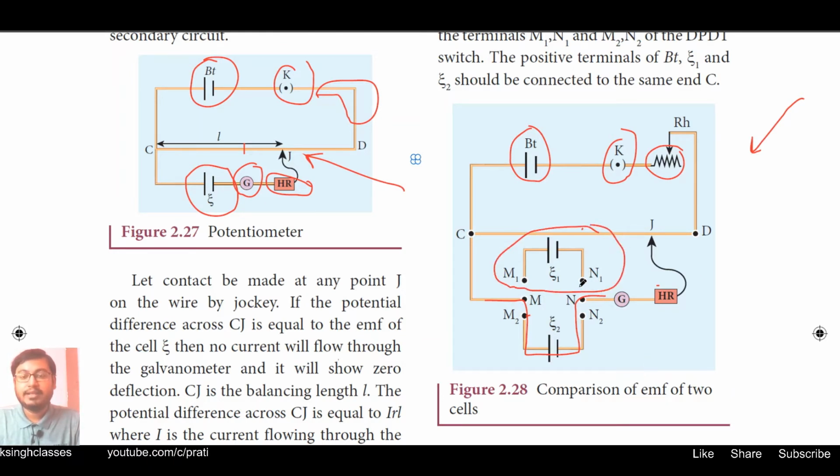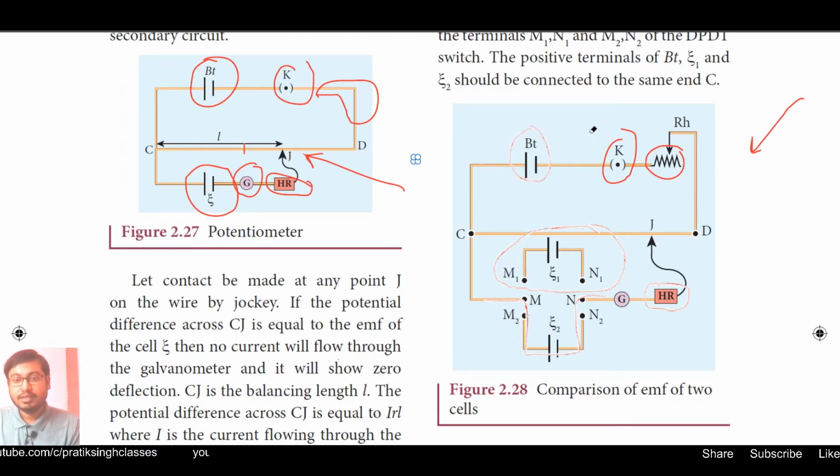By repeatedly doing the experiments, finding out Xi1 and Xi2 values, changing the HR value, meaning high resistance, we try to find out the Xi1 by Xi2 value using the principles of the potentiometer. So this is all about how to get the ratio of EMFs of two cells.